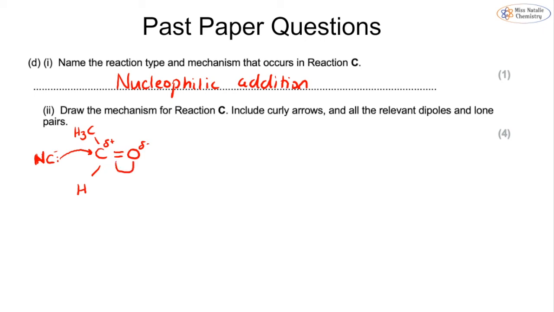And that is going to then go to the oxygen like that, giving you the intermediate where you have your CH3 and your H as normal, but now you have attached the CN group and you have your O minus. That's then going to react with the HCN, which is delta positive.